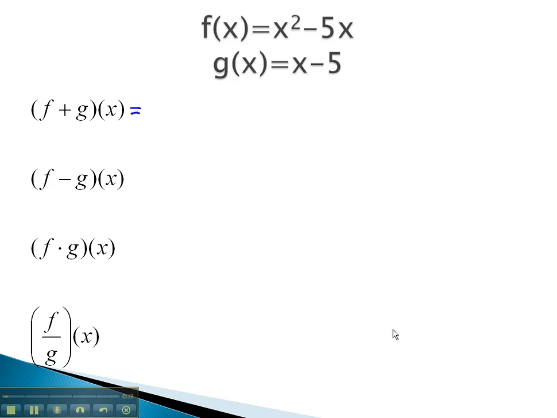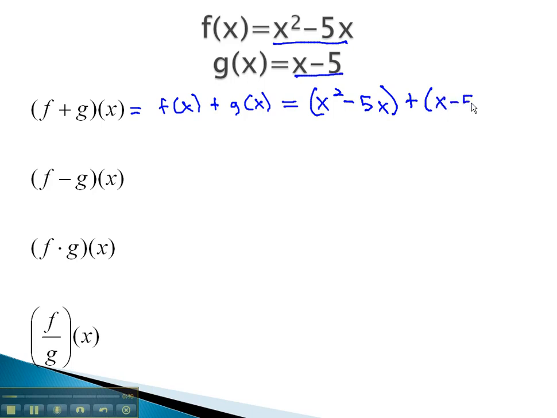When we see (f + g)(x), we know this means we take f(x) and add to it g(x). This is what we're going to do, knowing that f(x) is the first function, x squared minus 5x, and we're going to add to it the g(x) function, which is x minus 5.